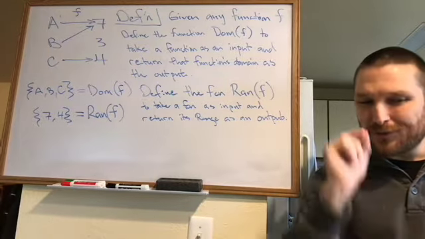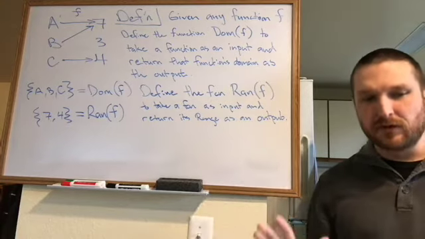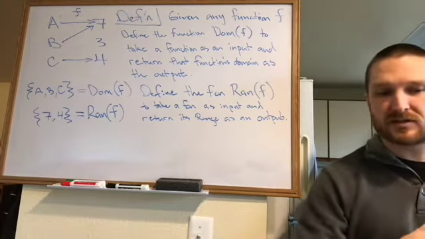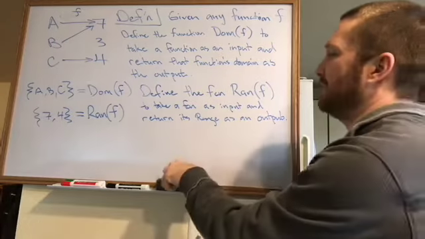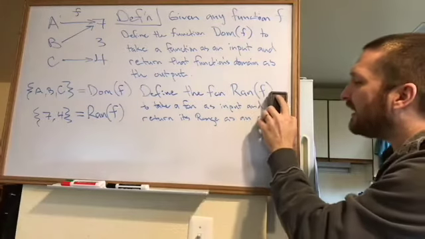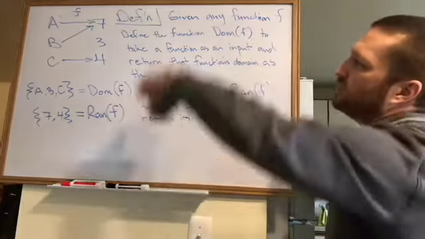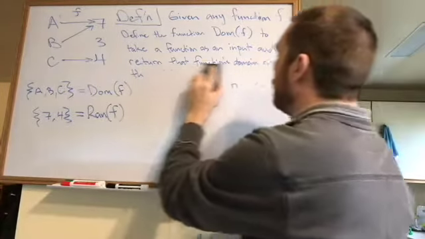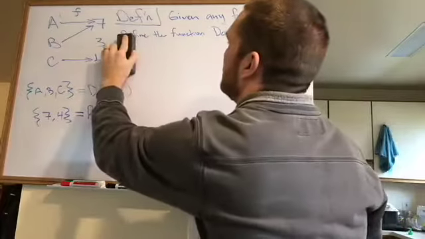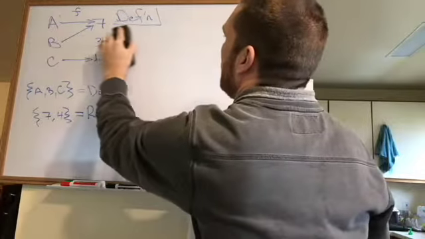Since we're in this context of real numbers going in and real numbers coming out, it's going to help us a lot to refine our definitions. Can I erase these two definitions here? Yes. Okay. We're going to refine our definitions of range and domain.